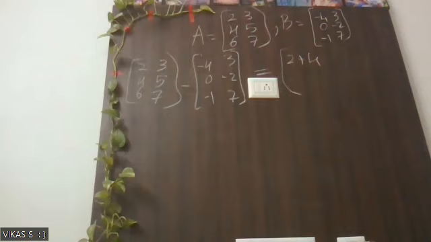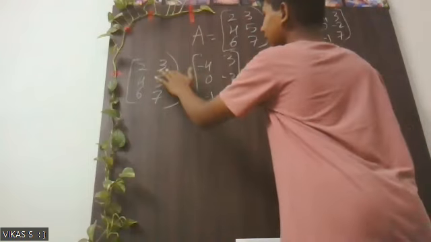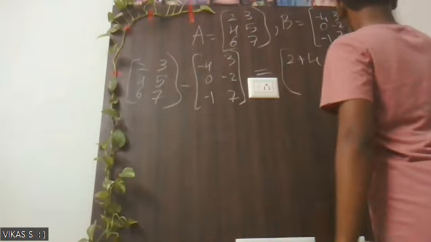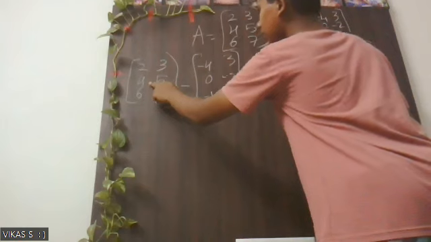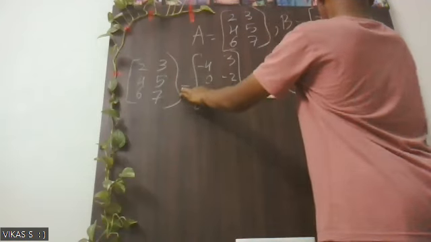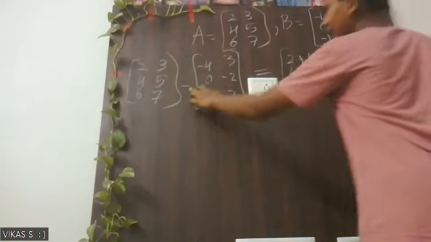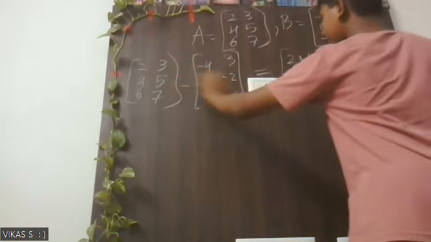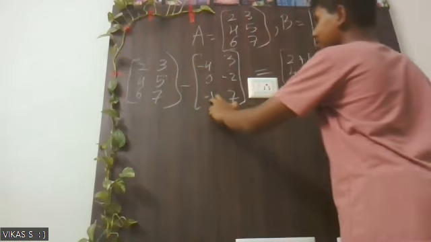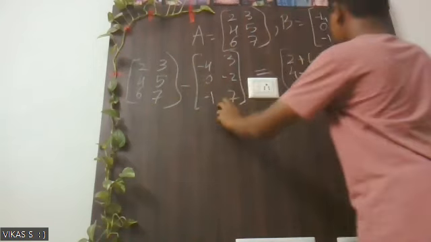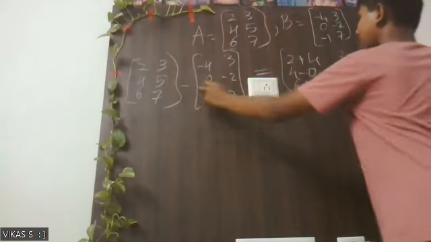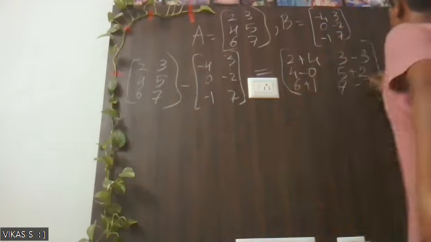Is that right? Then 3 minus 3, 4 minus 0. 5, minus into minus plus, so 5 plus 2. 6, minus into minus plus, 6 plus 1. 7 minus 7.